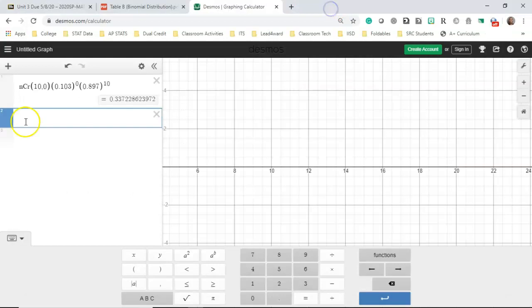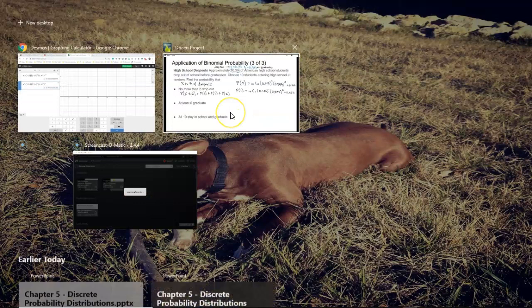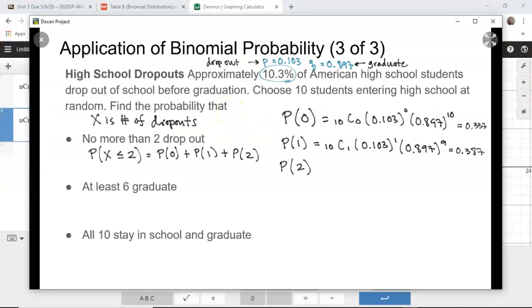And so when we go back over here to Desmos, I can copy this, and then really I just change the numbers around. 1 and 1. And notice the probability changes. It's a little higher percentage for 1 student dropping out. And we go back and we repeat the same process for the last value, for 2 dropping out. So notice again the change in the values.